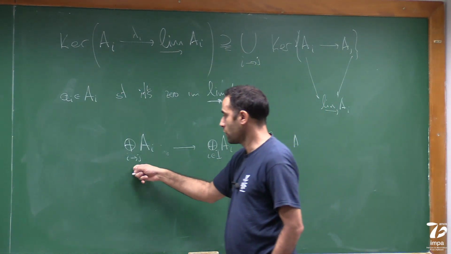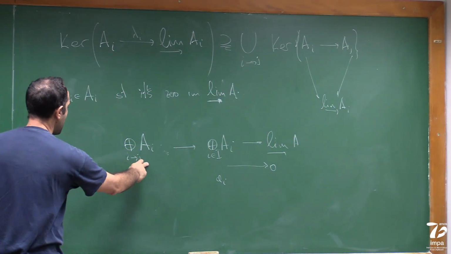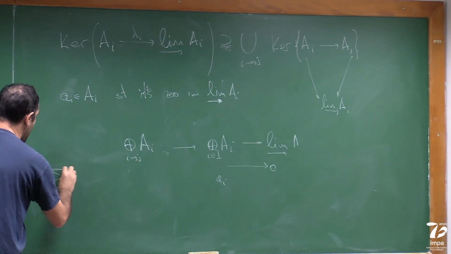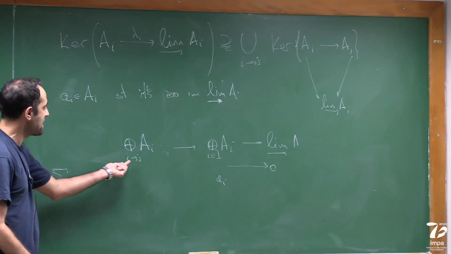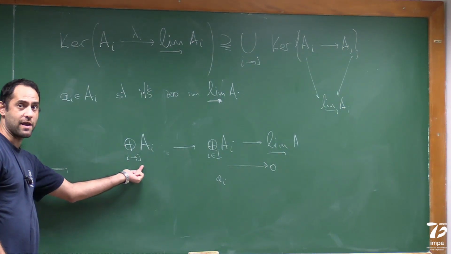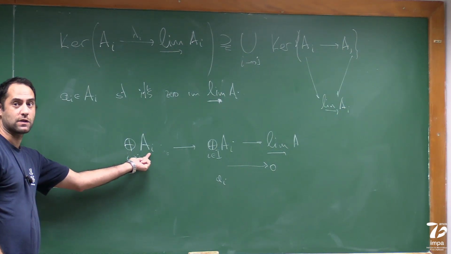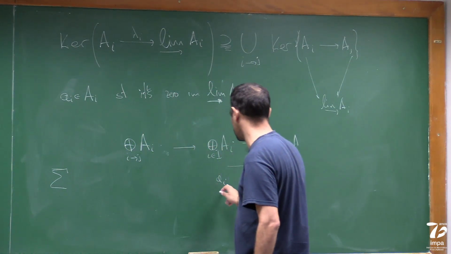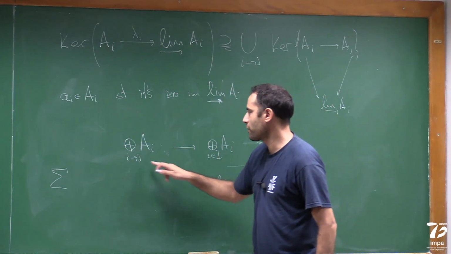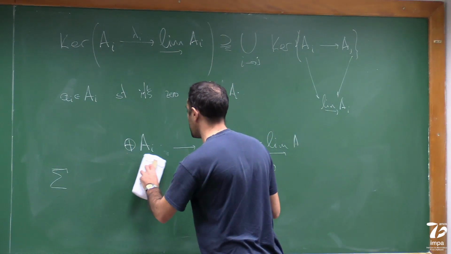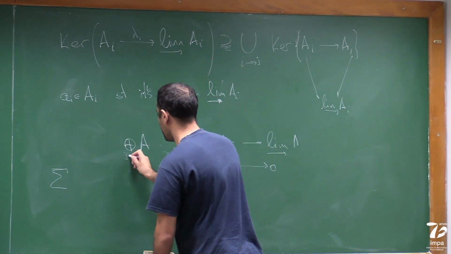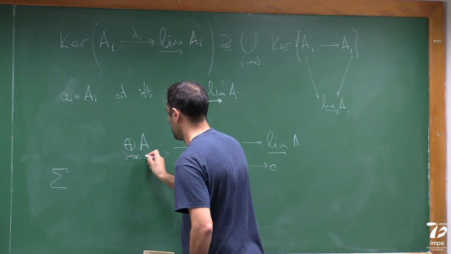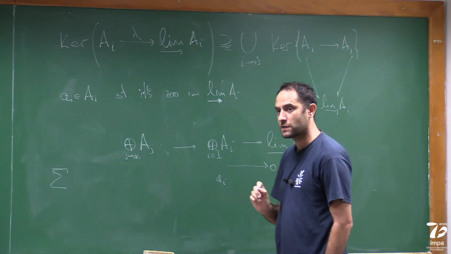So what is that element here? Well, an element here is a bunch of sums. I'm going to pick an arrow from i to j, and apply it to some element in A_i. Here, let's not mix this. This i is fixed, so I'm going to take arrows from, say, j to k, to not be confused. And I'm going to put this a_j, which is a source.